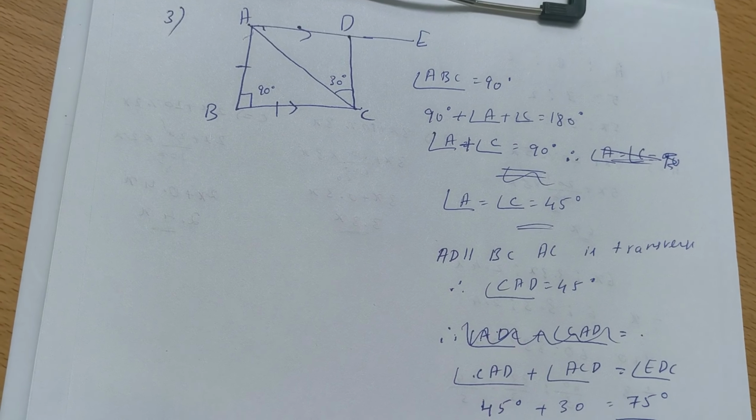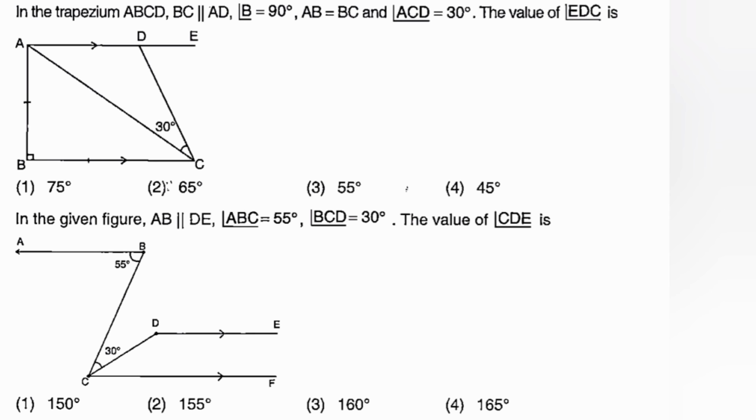In the given figure, angle ABC is 55 degree, angle BCD is 30 degree. The value of CDE is, we have to find out. Here we can observe that AB and DE are parallel and also CF is parallel.